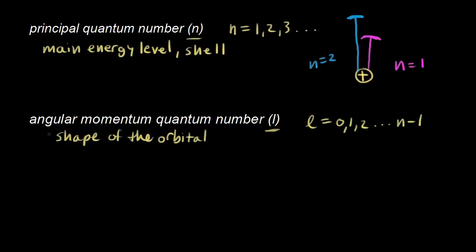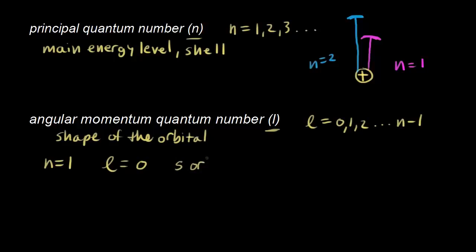For example, let's talk about the first main energy level, or the first shell. So n is equal to 1. There's only one possible value you could get for the angular momentum quantum number l: n minus 1 is equal to 0. So that's the only allowed value of l. When l is equal to 0, we call this an s orbital.